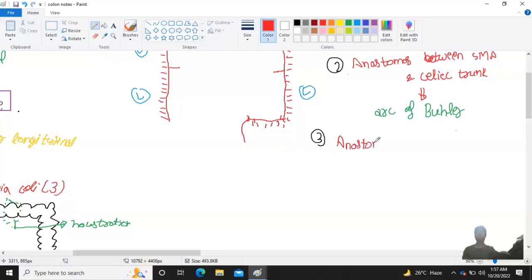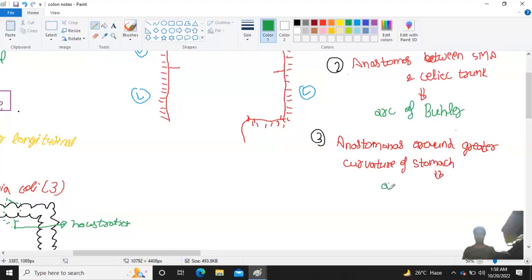It is basically an anastomosis around the greater curvature of the stomach, called the arch of Barkow. Done. So these are the three anastomoses.